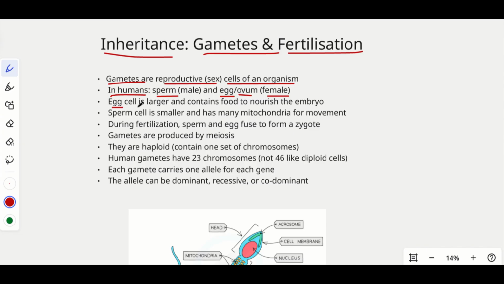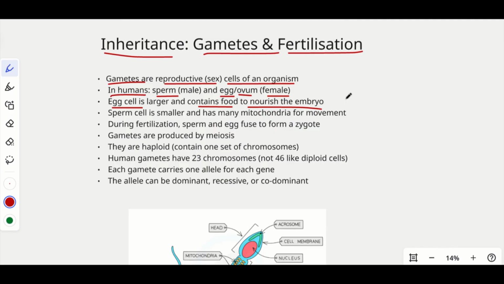Got it? So the egg cell is larger and contains food to nourish the embryo. You know that in human beings, the embryo will be growing inside the belly, in the uterus, and the gestation period is around 9 months. So the egg cell is larger because it has to carry the baby and it contains food to nourish the embryo.